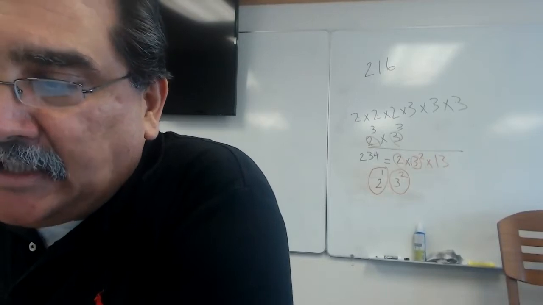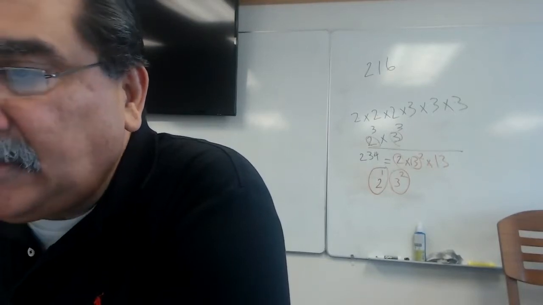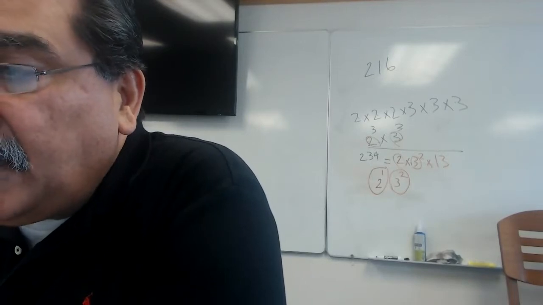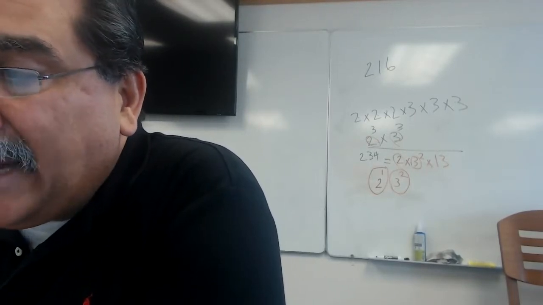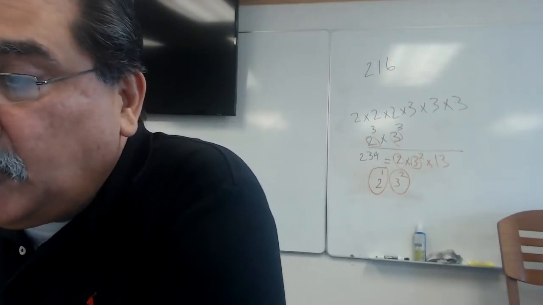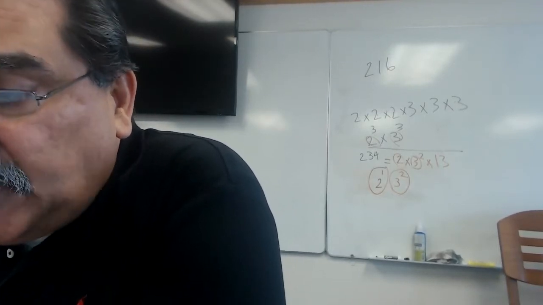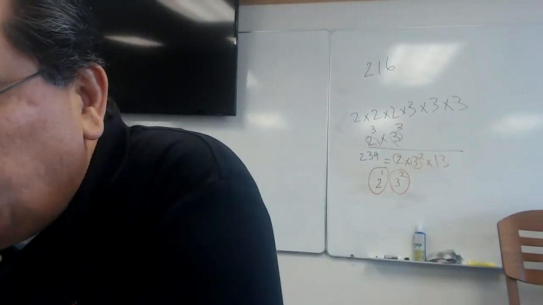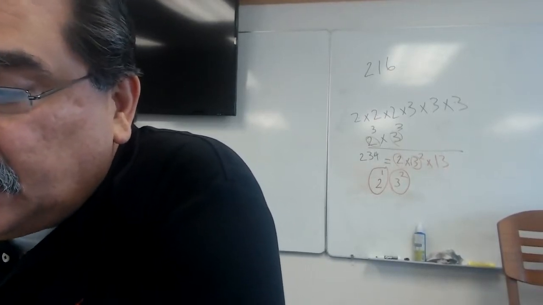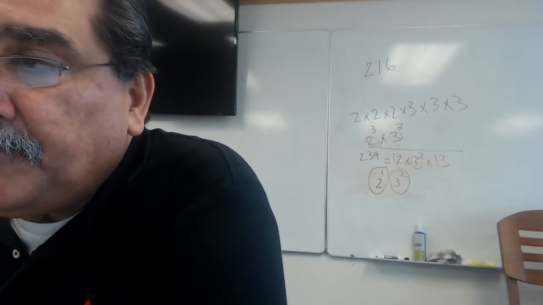Multiples of 18 are 18, 36, 18 times 3, 18 times 4, 72, 90, all that. The common multiples of 12 and 18, some of them, which I wrote in bold, are 36, 72, 108, and 144. The least common is 36, the smallest one. It is the smallest number that is divisible by both 12 and 18. 36 divided by 12 is 3, 36 divided by 18 is 2, and no remainder.